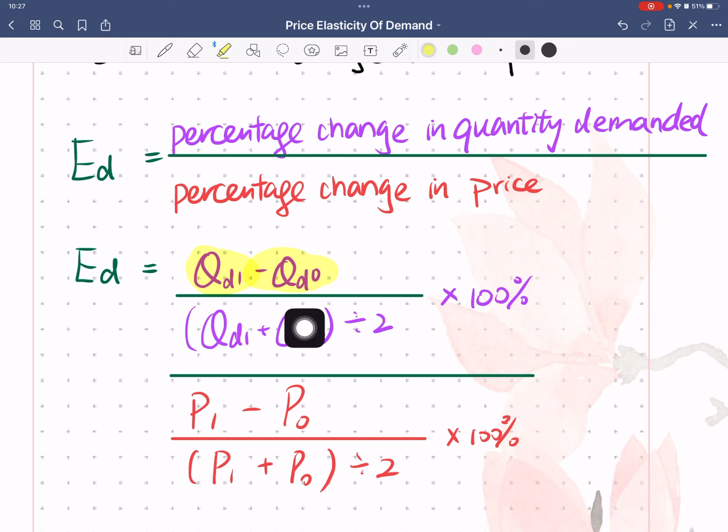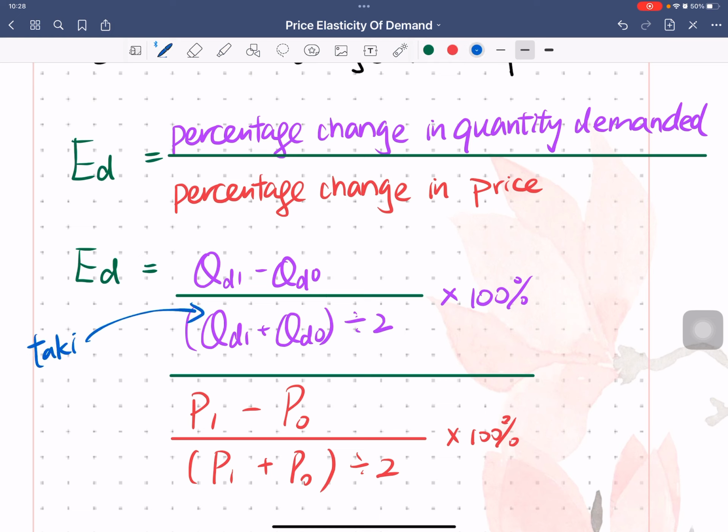We use a midpoint approach where we take the average of the quantity demanded. We add up the new quantity demanded plus the original quantity demanded and divide by 2. So we are not using the old number merely, but taking the average of it.